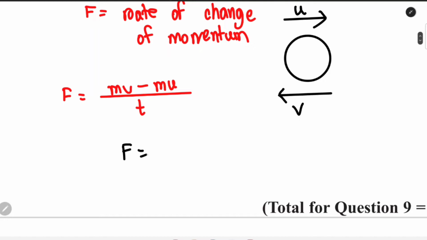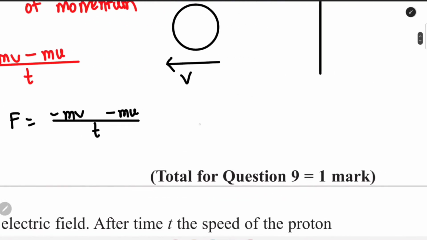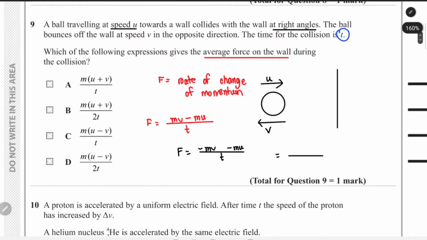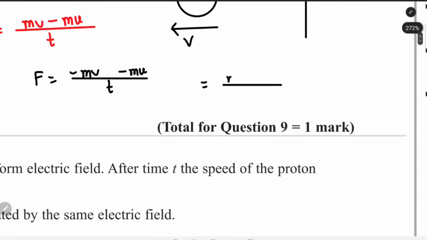So for this scenario, we have m times minus v minus mu. So minus mv minus mu divided by t. I can take m out as common. I'll be left with minus u minus v divided by t.